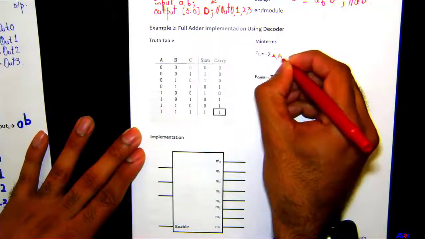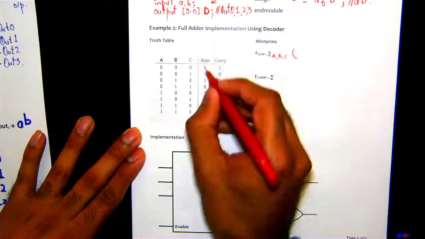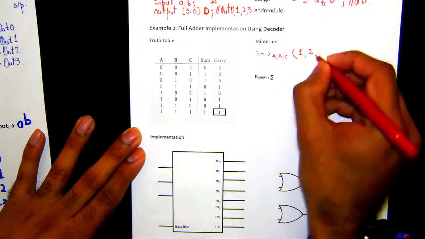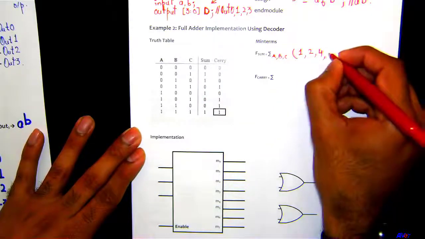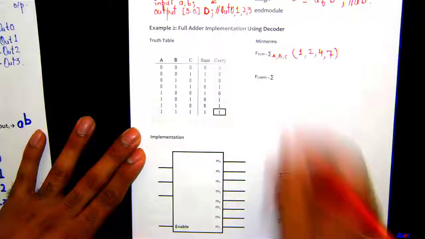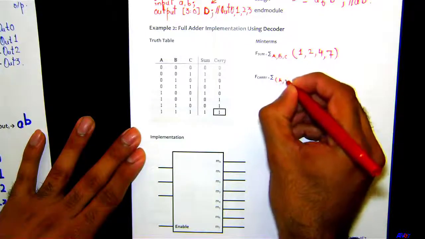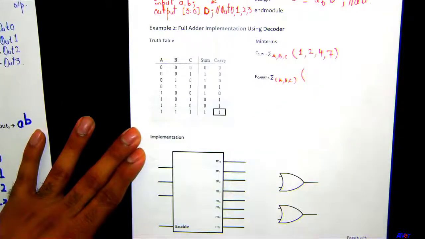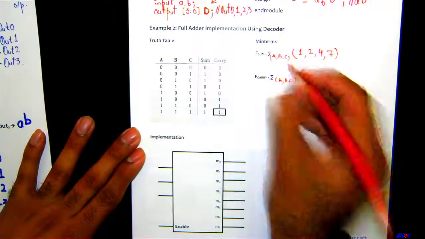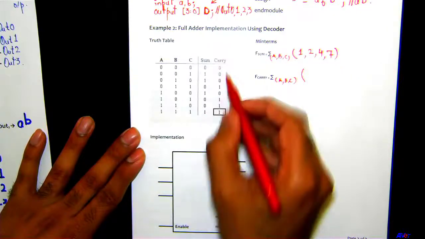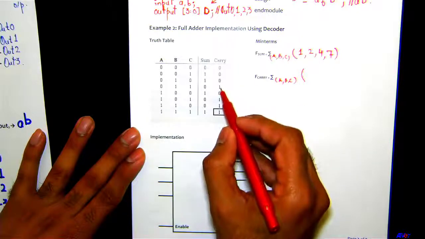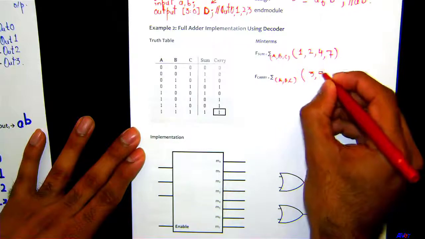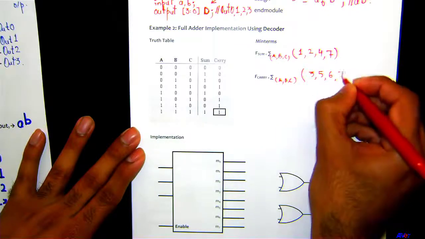For sum we got 1, 2, 4, and 7. And for carry I got 3, 5, 6, and 7.